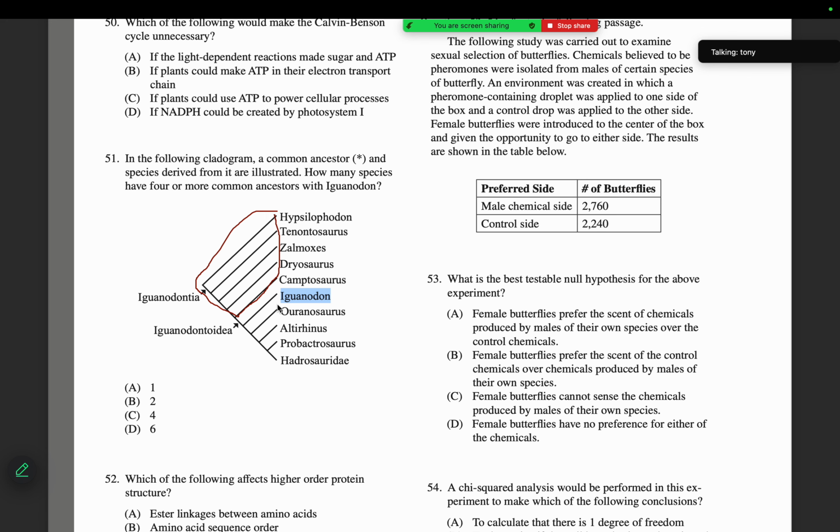Yeah, the 5. I circled it. Shouldn't it be that? One, two, 1, 2, 3. How many spaces? 4 or more common ancestors.